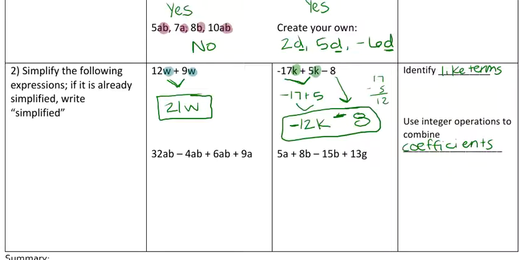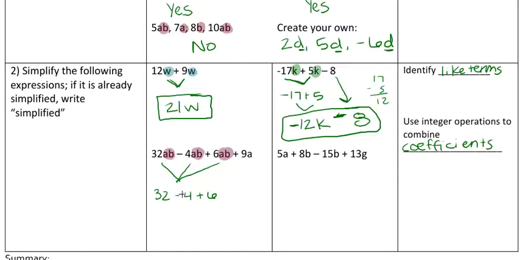Okay, 2 more and then we're done today. So we have an AB here, AB, AB. Now I'm not going to highlight this last one because it's not exactly the same. It's only an A. All right, so I'm going to combine these three. So I'm really doing 32 minus 4 plus 6.